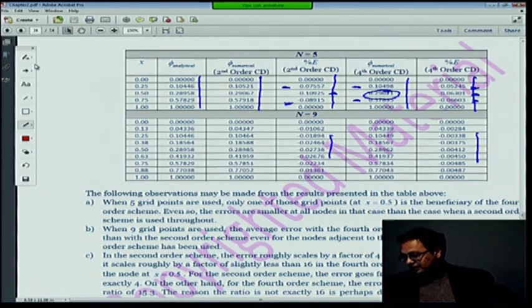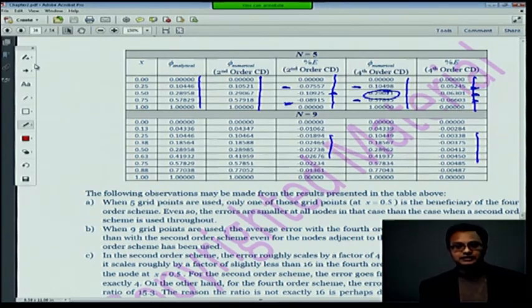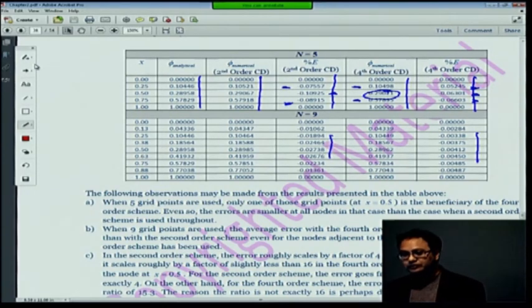If I go back to what I said earlier about why people want to use higher order schemes, the reason is very simple. Whatever accuracy I'm getting here with central difference, I'm getting pretty much the same level of accuracy, at least order of magnitude wise, with the fourth order central difference with half the number of nodes. So that's the reason people want to use these higher order schemes.